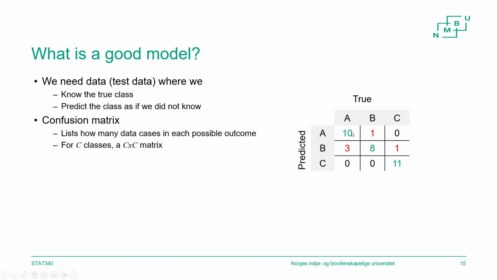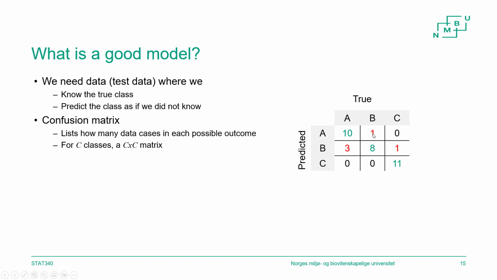And then we can see that in 10 of the true A's, we also predict it to be A. In 8 of the true B's, we also predict it to be B. And in 11 of the true C's, we predict it to be C. So the green numbers here are the correct classifications on the diagonal. The red ones are the mistakes.